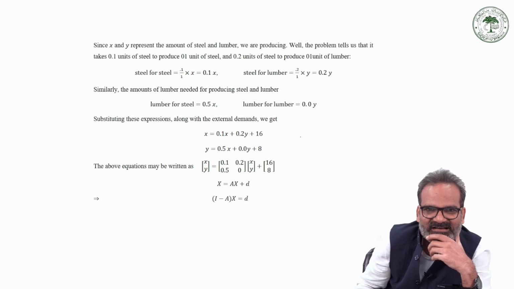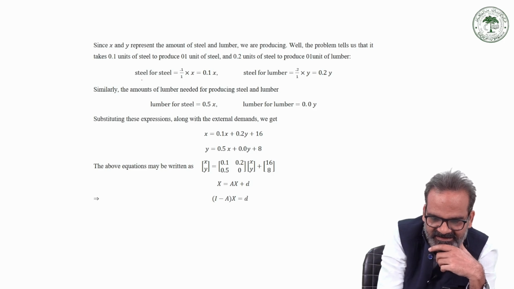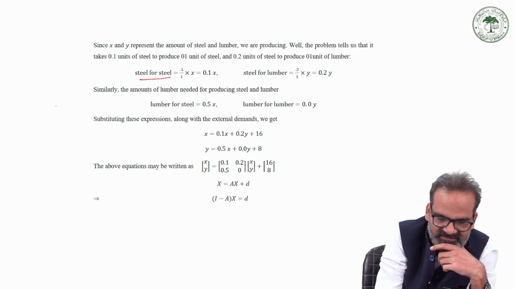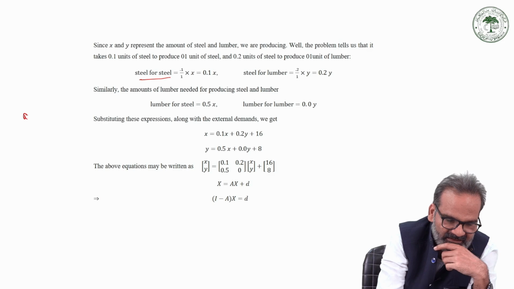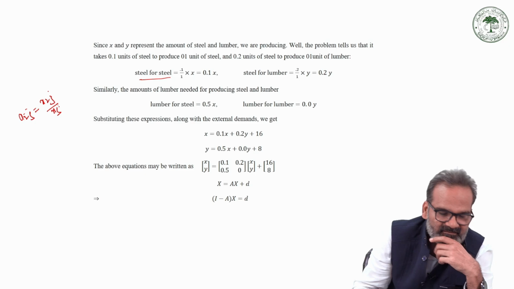Clear? So, for steel needed for the steel, we use the same formula, Aij, which equals Xij divided by Xj.